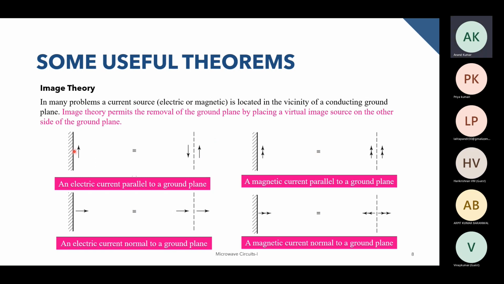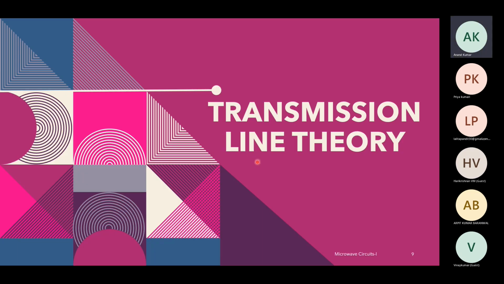This single arrow is an electric source, and this double arrow is a magnetic source, and this is how the relationship holds. So this figure can help you quickly transform your problem space into a simpler one. Then we started with the transmission line theory.